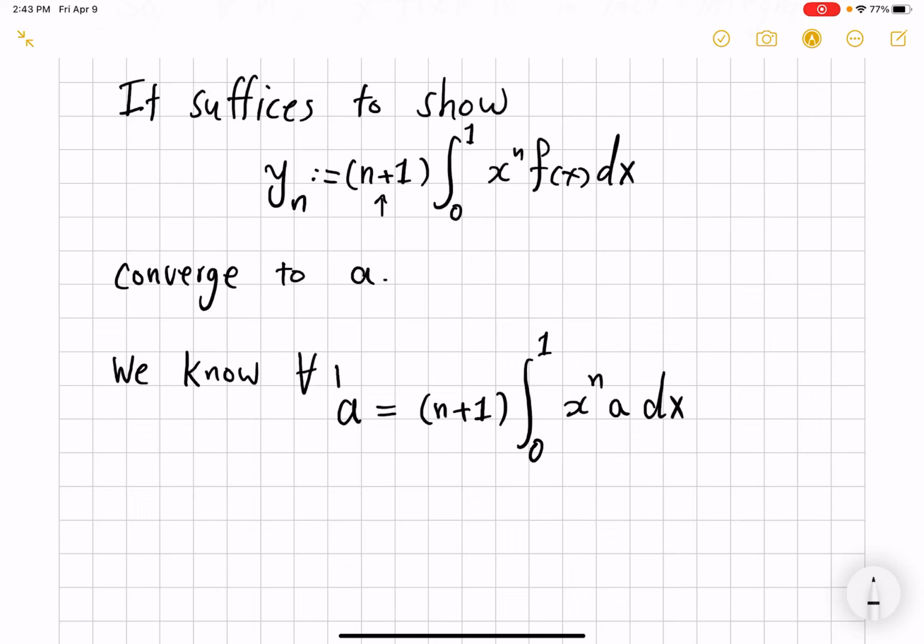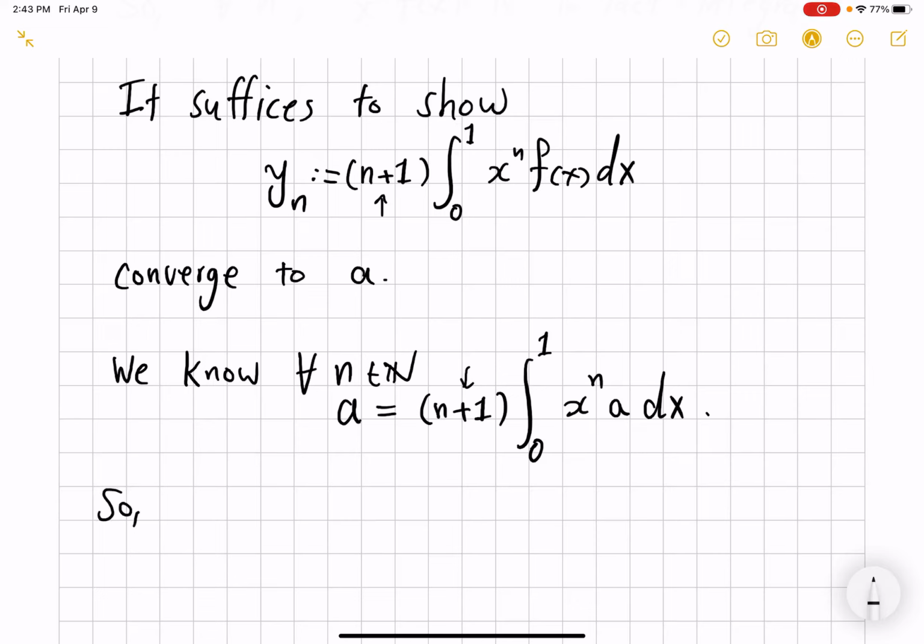So for every natural number n, we have this equality. It doesn't happen in the limit even. It's always true. Just take the antiderivative, and that's the reason I actually wanted n plus 1 here, and plug in 0 and 1, you're done.